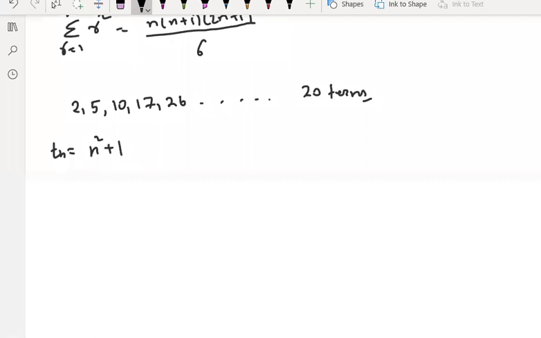We discussed this in the first class. I'm asking Tn term, not the 20th term. I'm not asking T20. T20 you can say is 400 plus 1, which is 401. I'm asking Tn term. So Tn term is n square plus 1. Yes, Shanti. Very good. So you should pay attention.